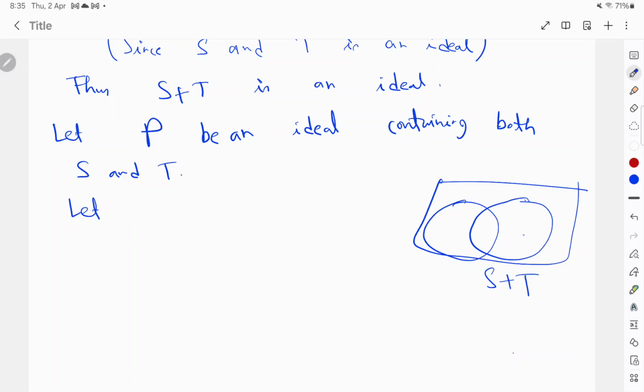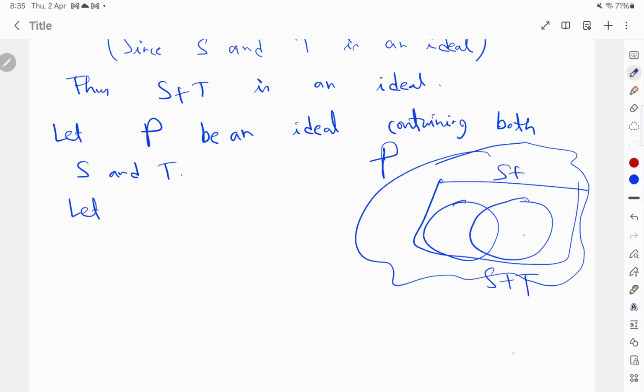Now you are considering that there is some ideal P which contains both S and T. So you are thinking there is some structure P. Now you have to show that S plus T, the rectangular box, is actually inside P. In this way you have to prove.